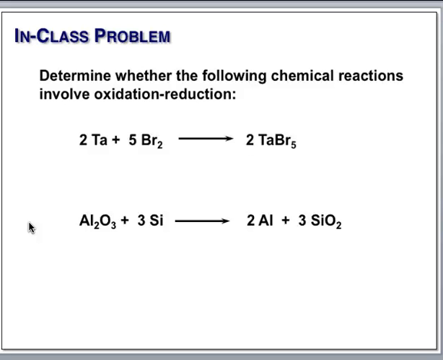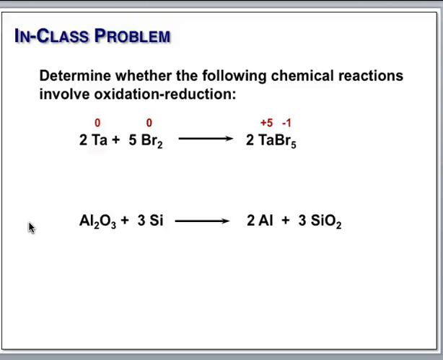So number 1, yes, it is a redox reaction. We have no idea what tantalum is, except it's 0 here. Bromine is going to be -1 though. That means our tantalum must be +5. 5 negatives, 5 positives.